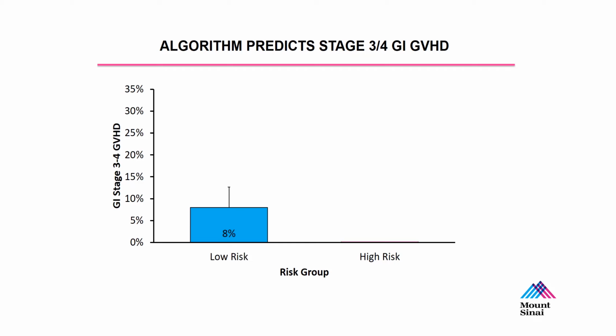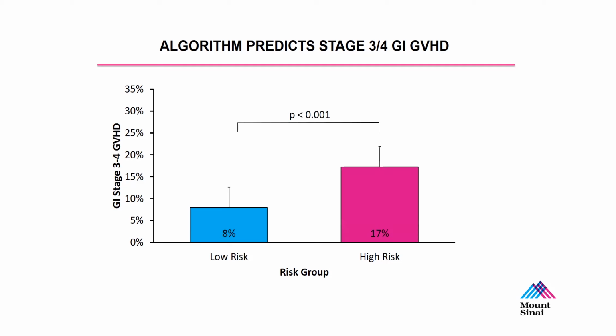So in the low-risk group, there was only 8% stage 3 and 4 GI GVHD, whereas in the high-risk group, it was twice as high at 17%. Again, a highly statistically significant difference. And the GVHD mortality in the end was 34% in the low-risk group versus 59% in the high-risk group.